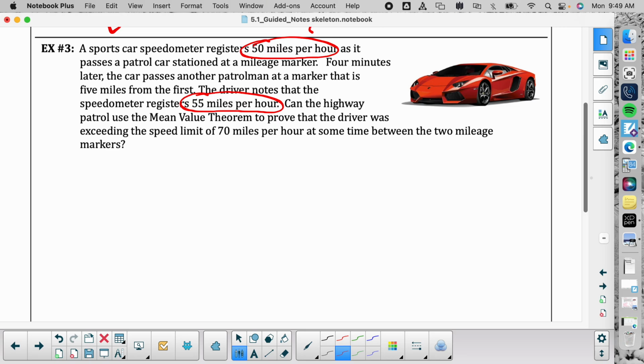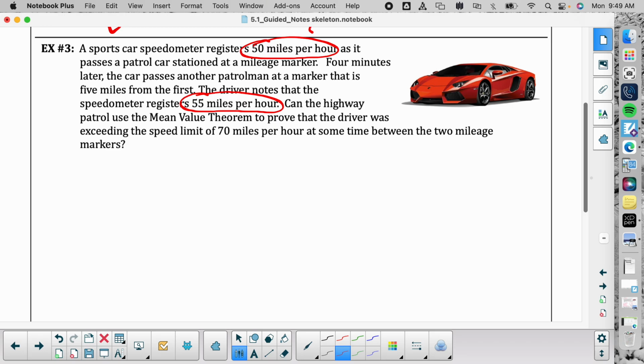And then if we find the average slope, we're guaranteed that the instant happens at some point between. These are slope answers already. So if we were going to use the mean value theorem on this problem, we actually wouldn't set this up with miles per hour. Miles per hour is going to be the answer we find.